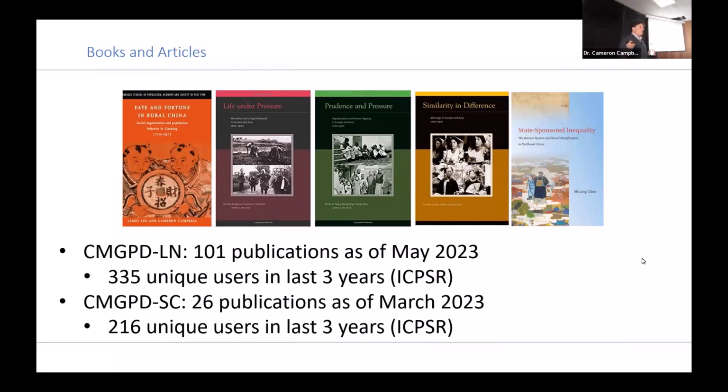They're very rarely recorded in family genealogies, but because these were state farmers on state land, with an affiliation with the Qing state, daughters were eligible for being recruited for service in the imperial palace.